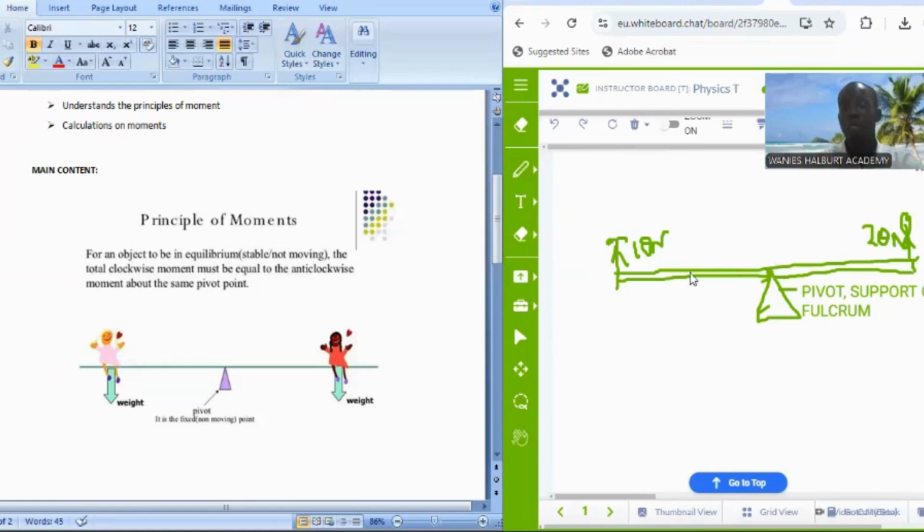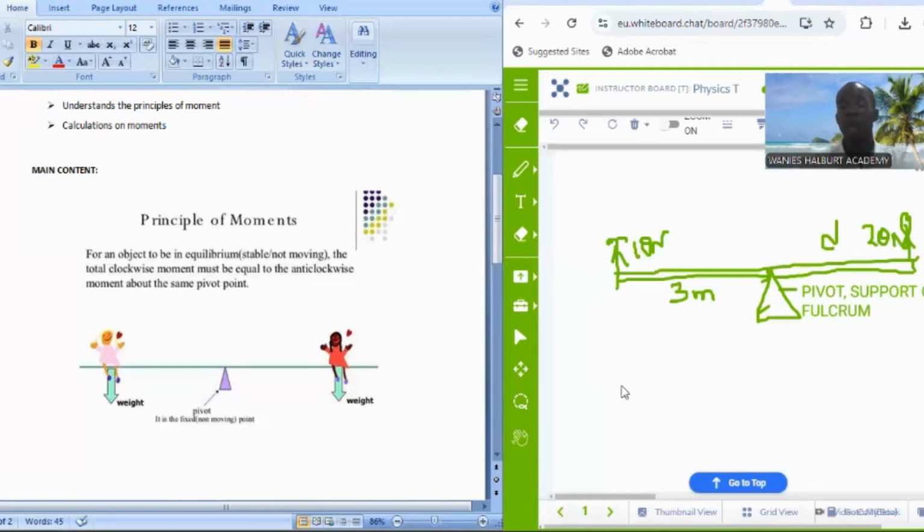Now if you want to calculate the moment of force of this particular object that I've drawn here, the moment of force is calculated using the magnitude of the force multiplied by the perpendicular distance. Let's assume this is 3 meters. Remember that meters is the unit of distance. Here, we don't know the distance, but we know the magnitude of the force acting on this side.